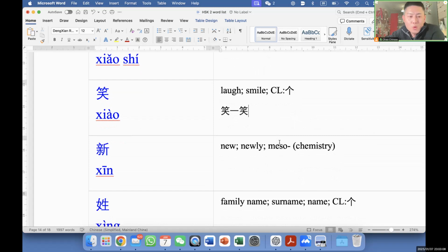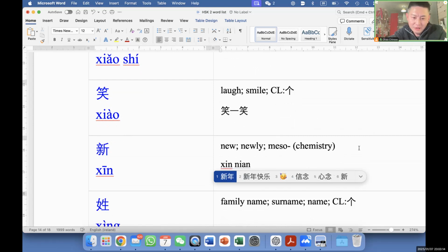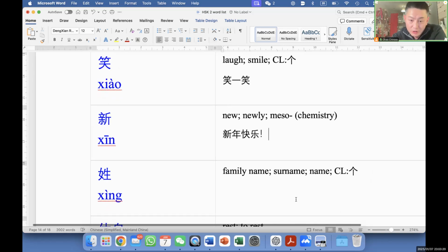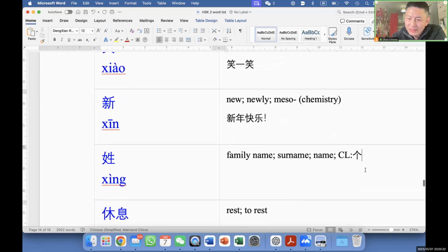新 is new. 新年, we just had our 新年. 新年快乐, I wish everybody 新年快乐, New Year happy. 姓, we talked about that, but what we didn't talk about is if you look at this Chinese character, do you see a woman and see birth? So woman birth together means surname. Strange because surname is always man. In China, in the West, the same.